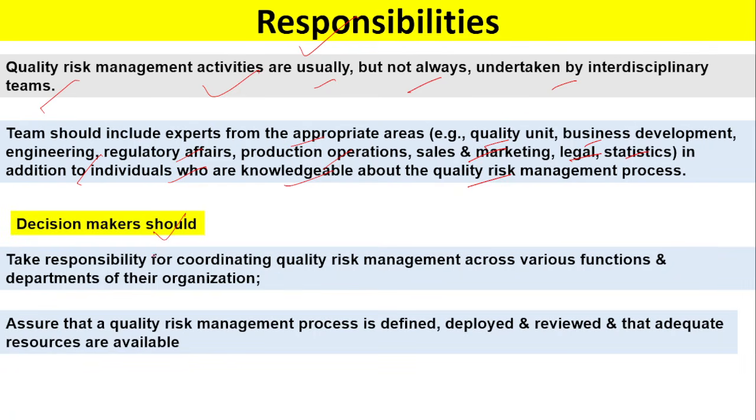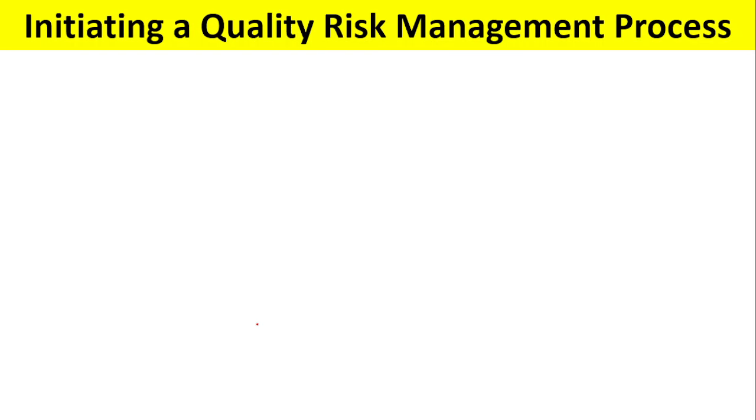Decision makers should take responsibility for coordinating quality risk management across various functions and departments of their organization, and should assure that a quality risk management process is defined, deployed, reviewed, and that adequate resources are available.